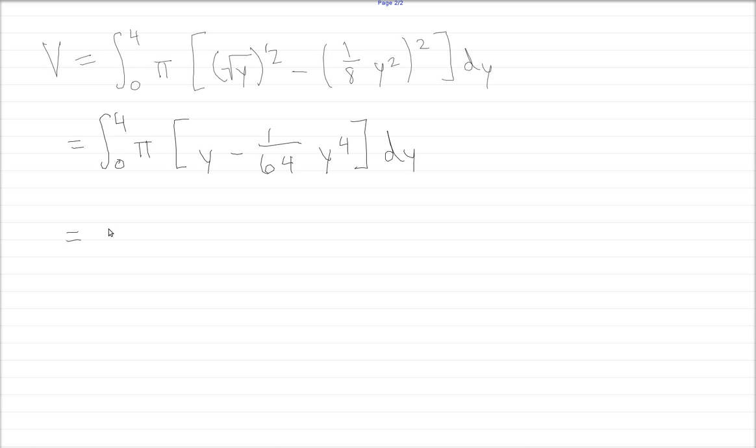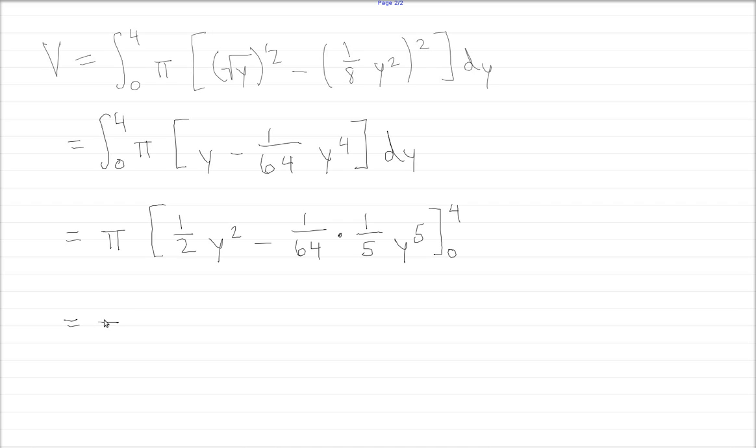Now to evaluate the integral, we're just going to use the power rule. So pi, and then the integral of y is just 1/2 y squared, minus 1/64th times the integral of y to the 4th, which is 1/5 y to the 5th, from 0 to 4.